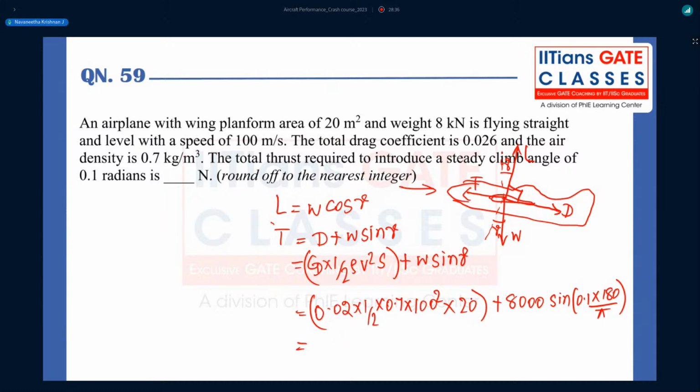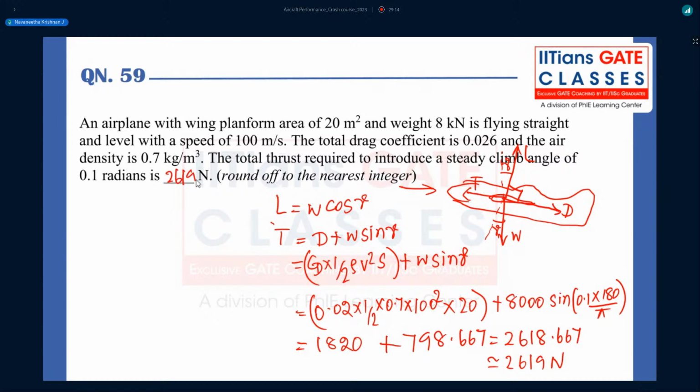When solving this, I get 1820 plus 798.667. So the answer I'm getting is 2618.667. They asked us to round off to the nearest integer. The nearest integer is 2619 because if I round off, it will become 9. So the answer is 2619 Newton.